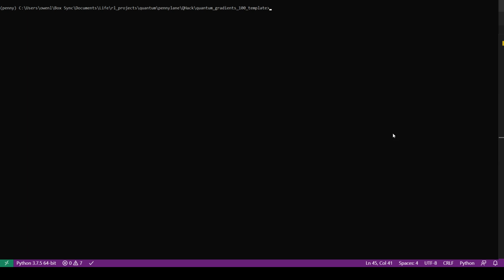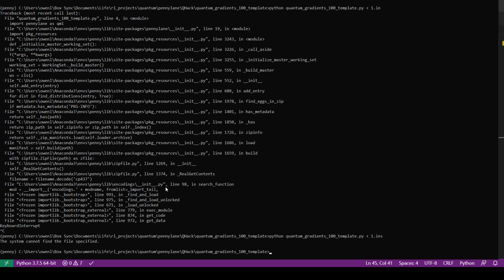I Alt-Tab over, so we run, and we have to take an input, which defines the given weights, the starting weights, because we're not doing any optimization here. Oh, I don't think that's right. Maybe it's 1.n.